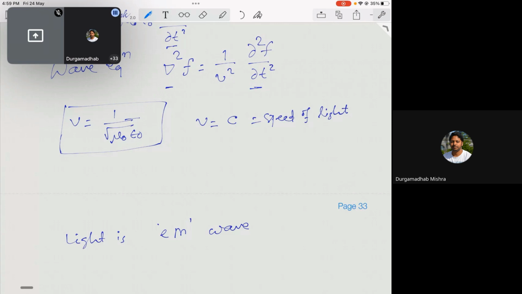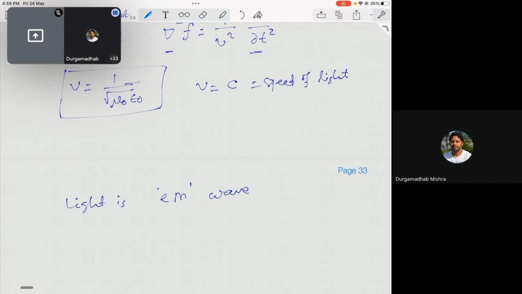Therefore we call it electromagnetism. This is the first time two different physical phenomena were fundamentally unified, a unification of electricity and magnetism. So that's why it is quite important to know in physics.